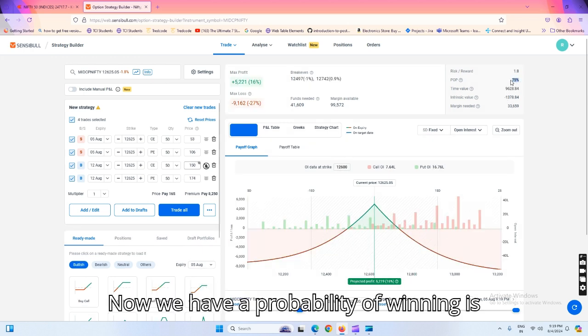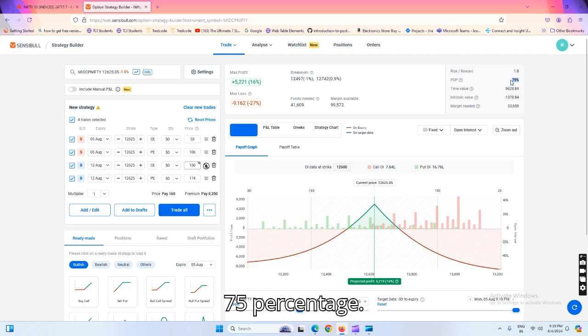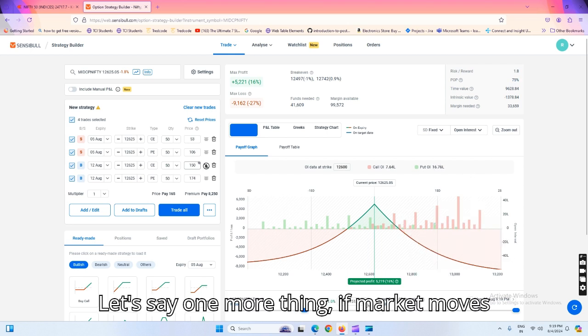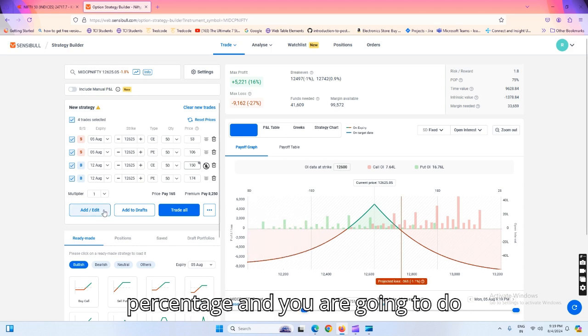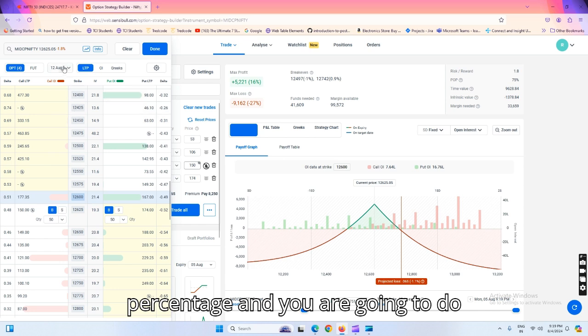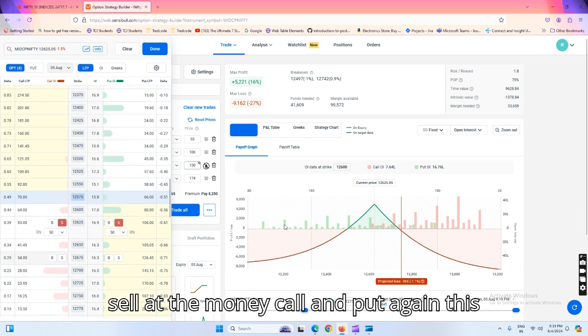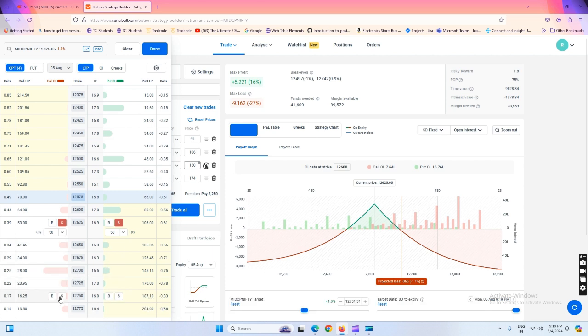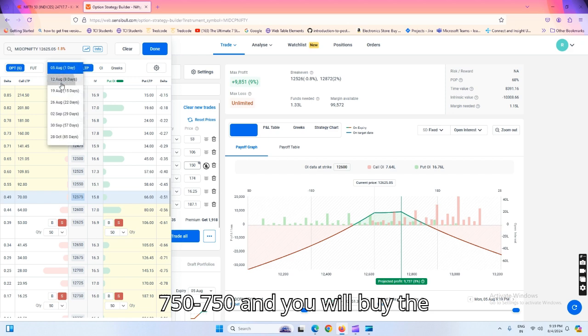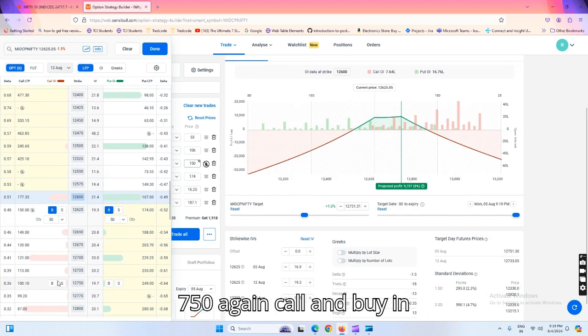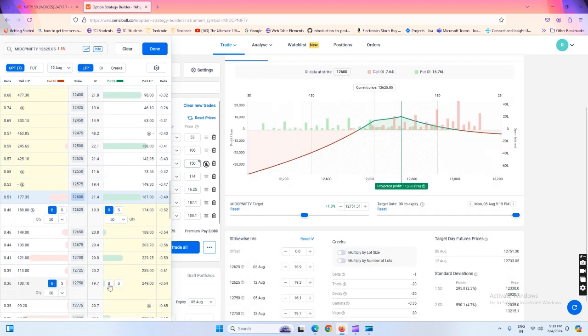Now we have a probability of winning of 75 percentage. Let's say the market goes against you and moves 1 percentage, and you sell the at the money call and put again, this is 750, 750, and you buy the 750 call and put again.